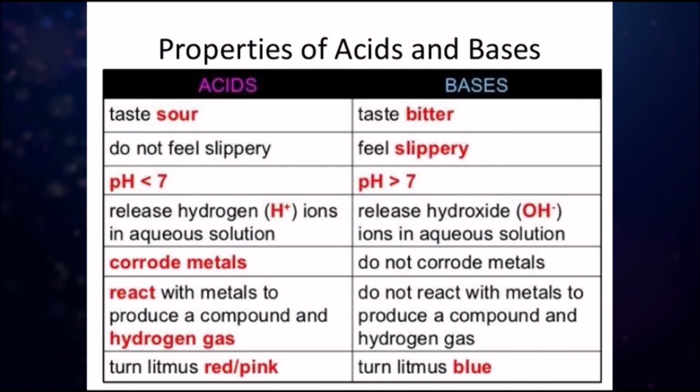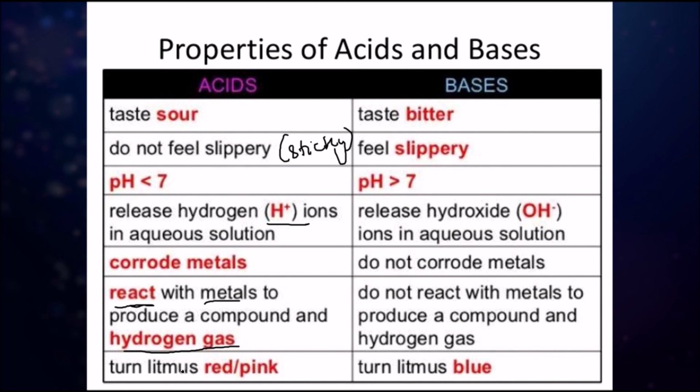Alright, so just to summarize everything we've discussed, different properties of acids and bases. Acids taste sour, they are sticky, they have a pH of lower than 7. They release hydrogen ions when in aqueous solution or when dissolved in water. They corrode metals. This is another thing we haven't quite talked about, but if they react with metals, they form hydrogen gas.